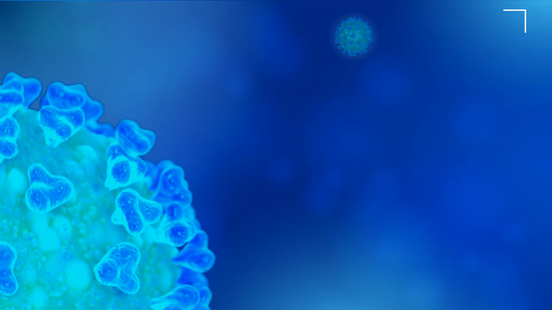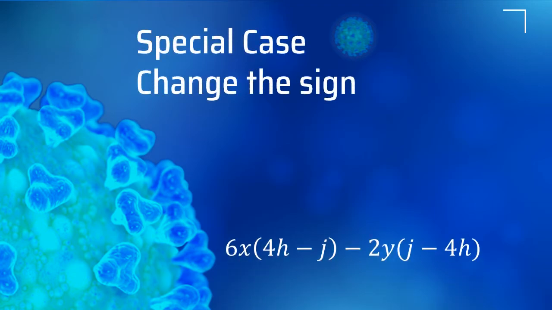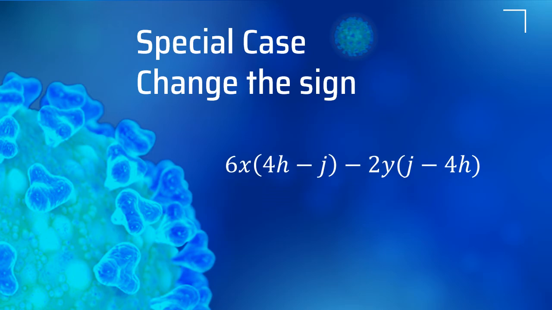So this is special case 2, we must change the sign. The second group I change, okay, the second group. Minus 2y, I change it to become plus 2y. In brackets it becomes 4h minus j. Now they already have the common factor 4h minus j.